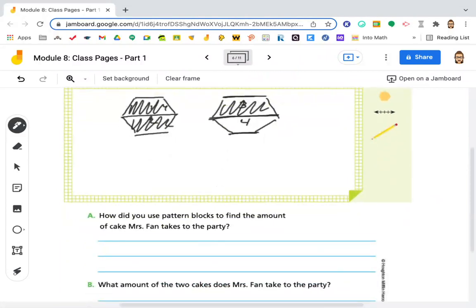So it says, how did you use pattern blocks to find the amount of cake Mrs. Fan takes to the party?